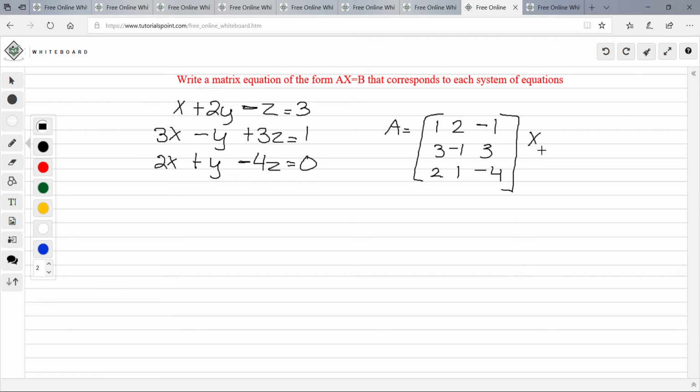Our matrix X is basically the variables, x, y, and z. And then our B is basically this column, or the answer, so it's going to be 3, 1, 0. Good.